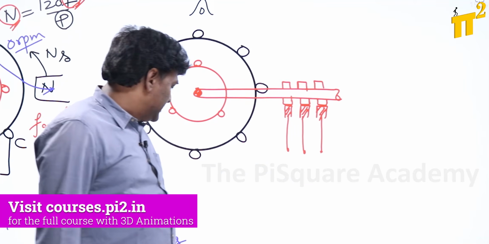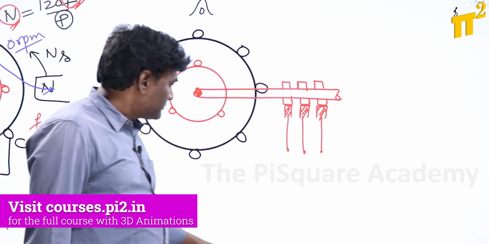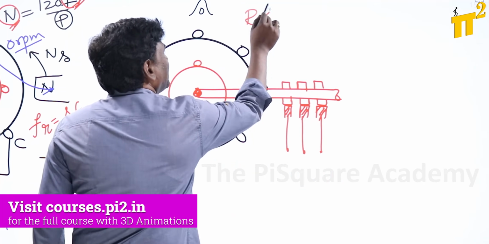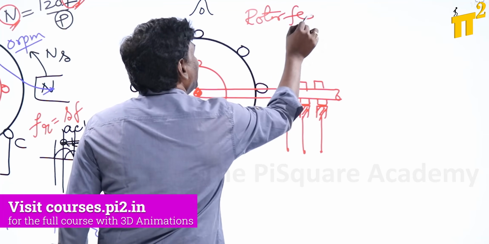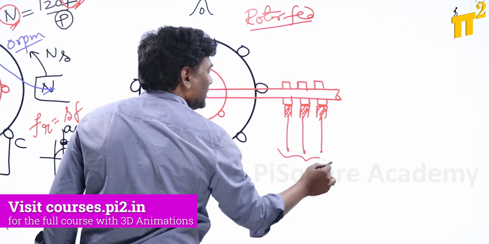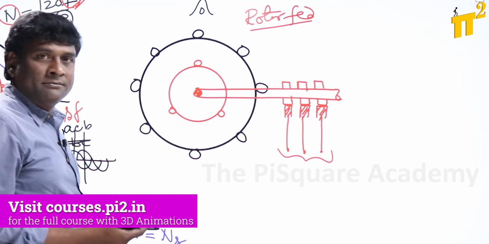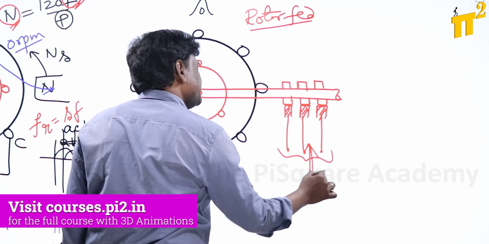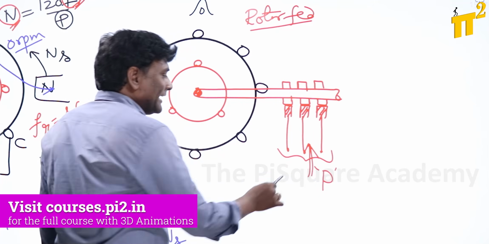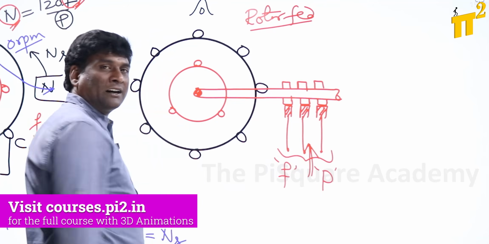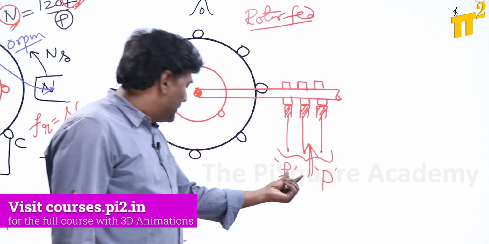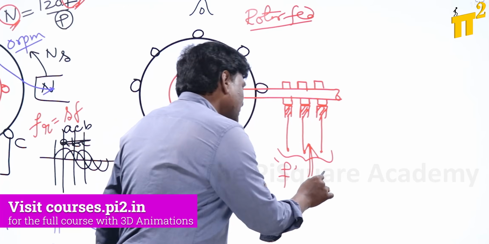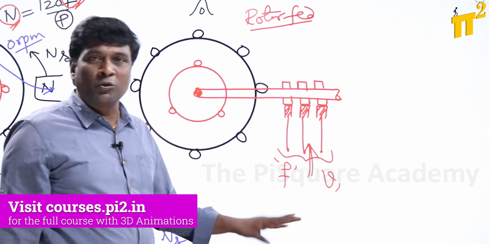This is rotor fed. Why is it rotor fed? Because you are supplying your input electrical power through the rotor, at a constant frequency. Power we don't give, it will be taken automatically; at given voltages and given frequencies we are going to supply.